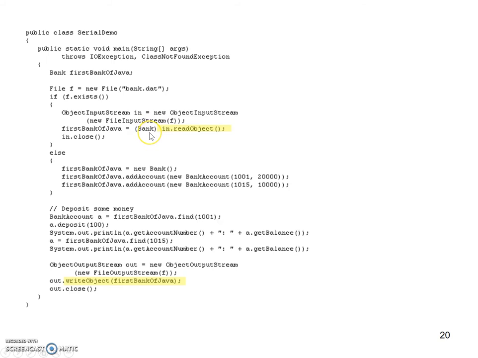I have to cast that into a bank, and it now becomes first bank of Java. So now it becomes a bank. It gets reconstituted. Then down here, I've done a little bit of depositing and some finding and some other types of things. When I'm all finished, then I just write the object, my ArrayList, or my bank, which consists of an ArrayList of bank accounts, just using the writeObject.